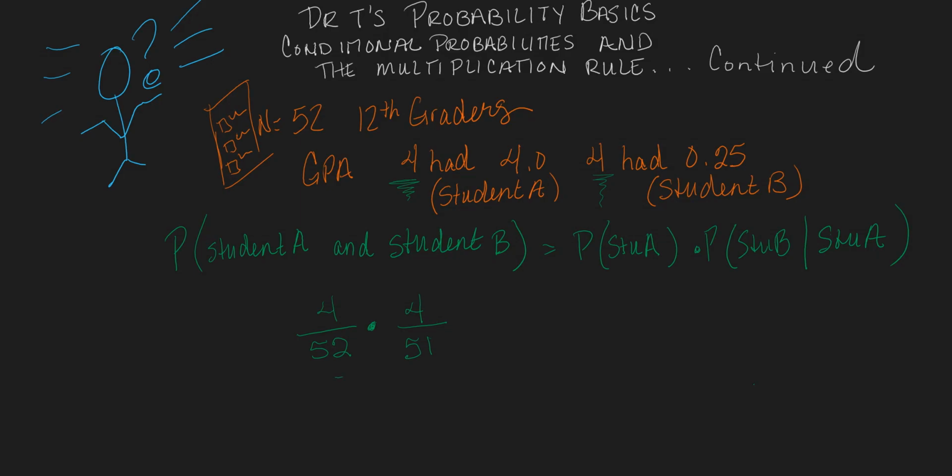What we come out with here, if you were to plug this into your calculator, we'll get 16. It's 4 times 4. And I'll wait for you to plug in the 52 times 51 for the denominator.